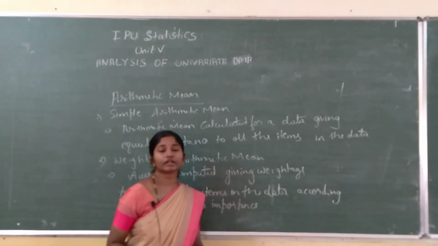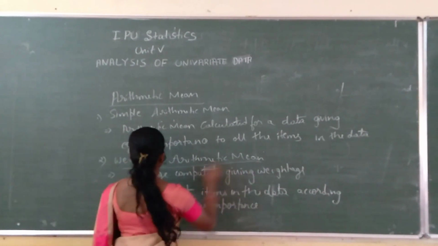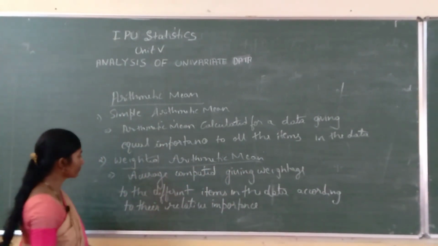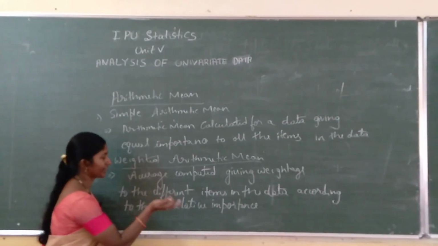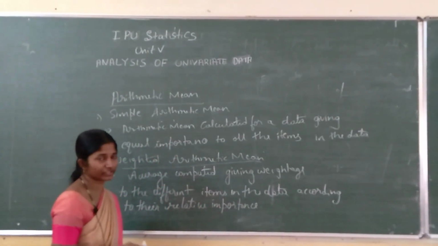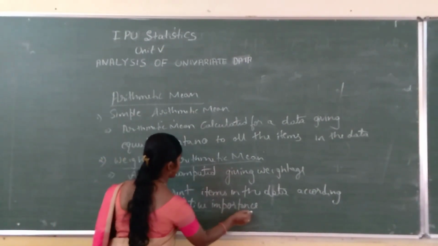So many items are there, various items are there, and in that data we give weightage according to their relative importance.